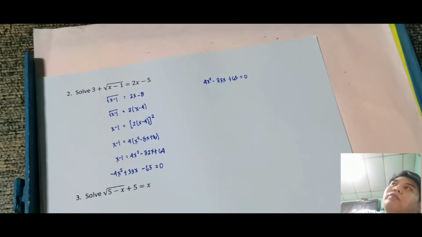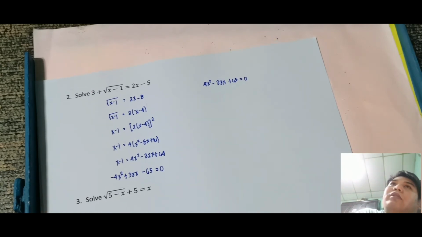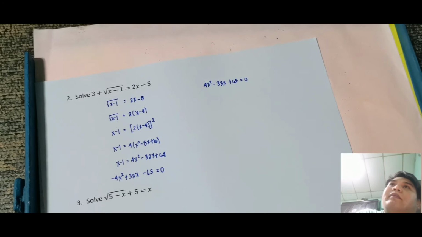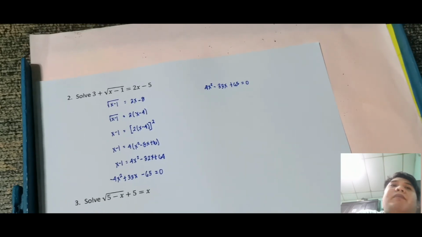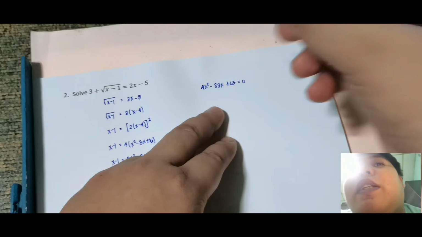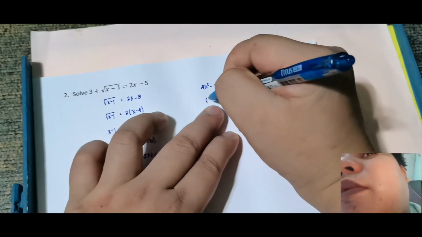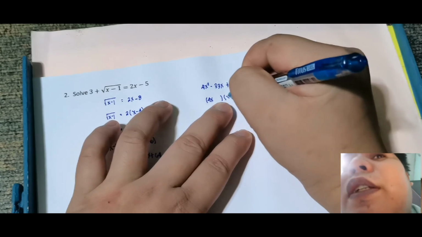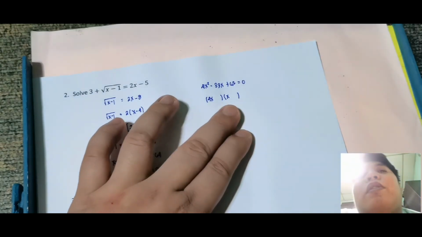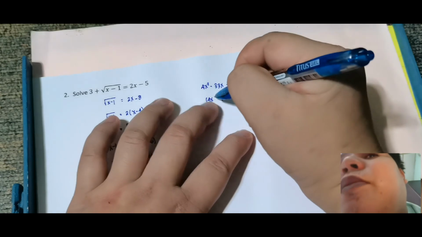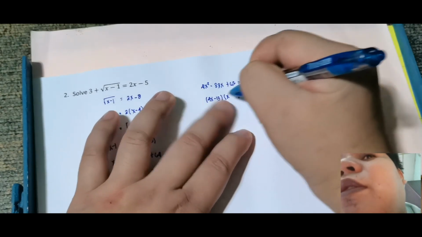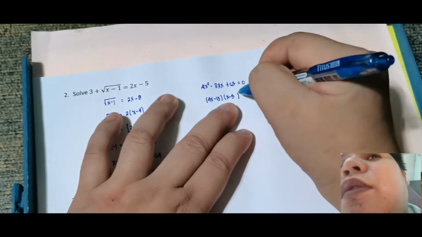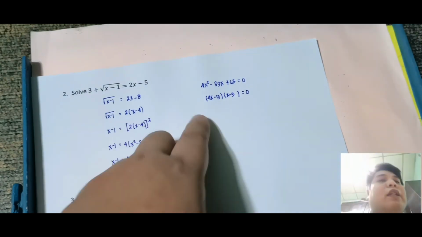So possible kasi no 4 times 5. Okay, so pwedeng ganito: 4x tapos x tapos 4 times 5. So this is 4x minus 13 is equal to 0.